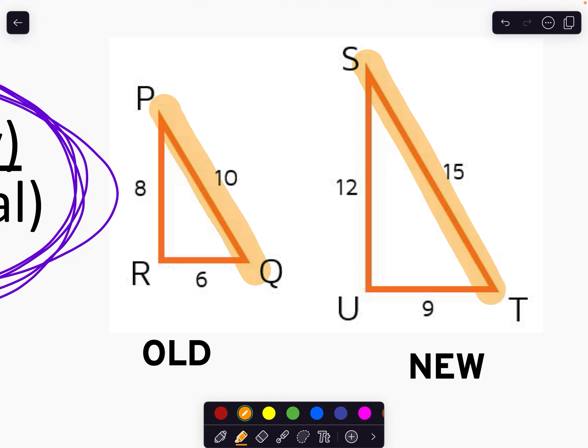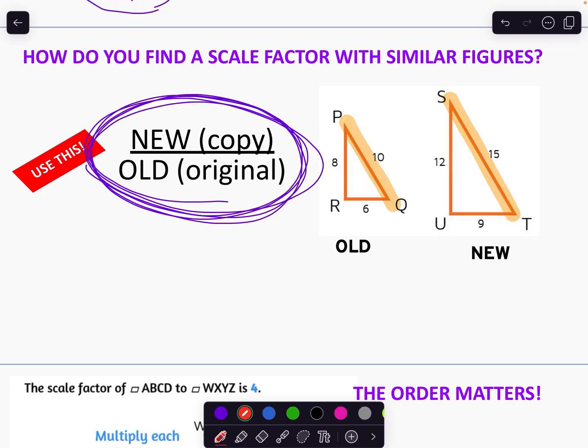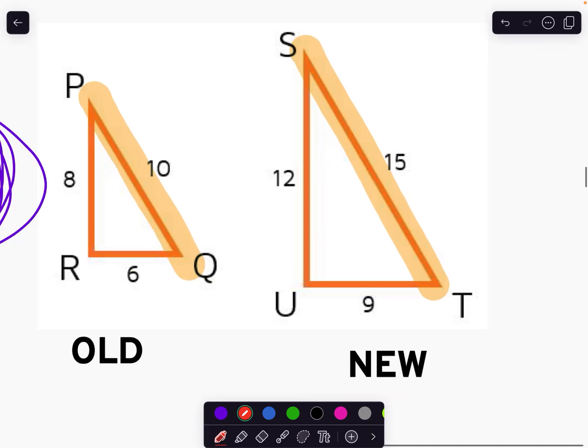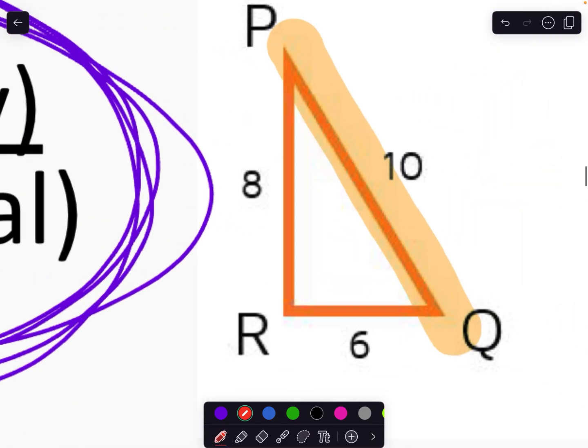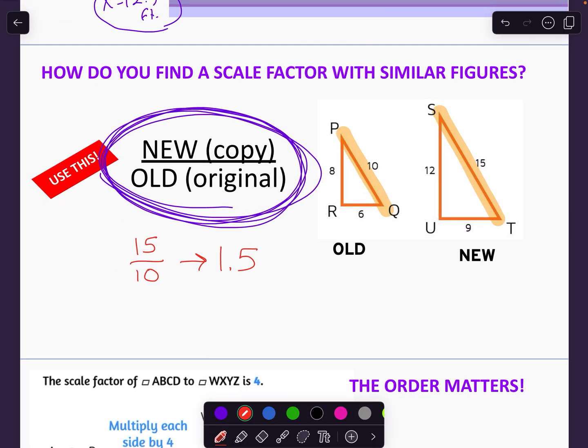On the small old one, it's 10 units. So if I do 15 over 10 and simplify it down, I get a scale factor of 1.5. That means the new one is 1.5 times the size of the old one. It's 1.5 times bigger. If something was 1 times as big, it'd be the same size. If it's 1.5 times bigger, it's getting larger. If something's less than 1 times the size, it's shrinking.